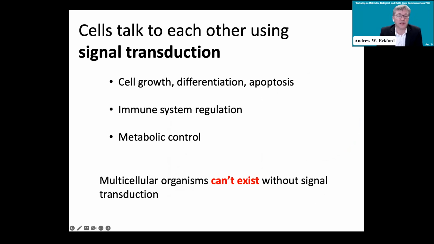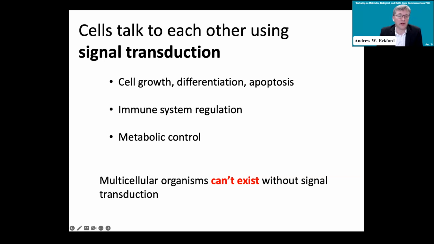Basically any multicellular mechanism within the human body is conducted by signal transduction. In a very real sense, multicellular organisms can't exist without it. It's basically what makes you a human body instead of a collection of cells. So obviously this is a communication process, and it makes sense for communications engineers to think about how this might work.